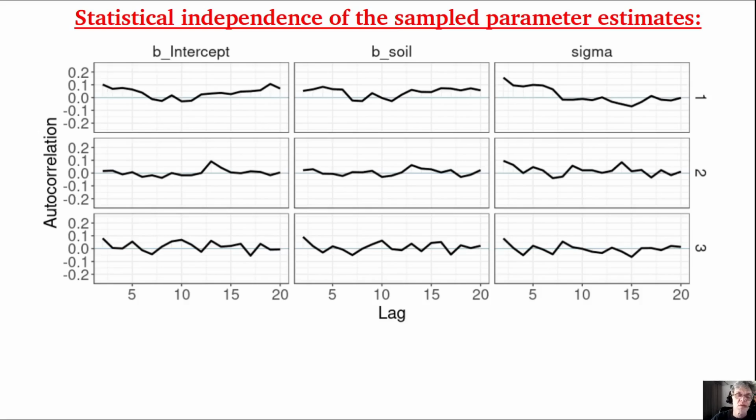So what we want to see is the degree of statistical independence of values separated by given numbers of steps. These are by and large very weakly correlated. The highest value is 0.15 more or less for one of the parameters.